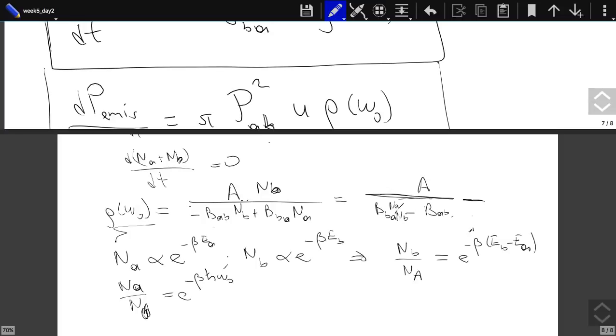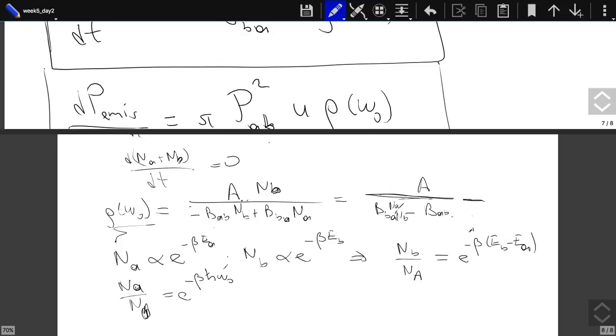The second piece of information is the N_A and N_B. We have these atoms that can be excited or de-excited, and they are in thermal equilibrium. Then the probability that they are in the A state is proportional to e to the power minus beta times the energy of the A state.